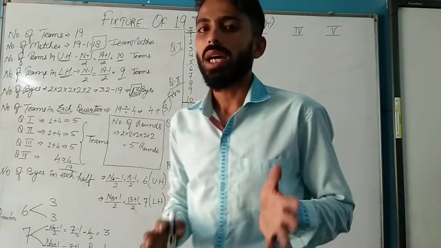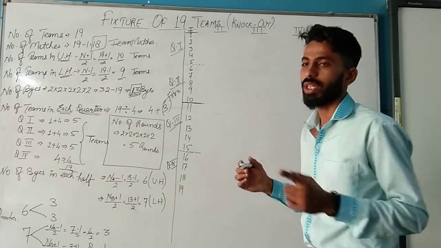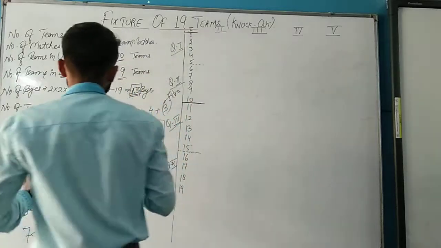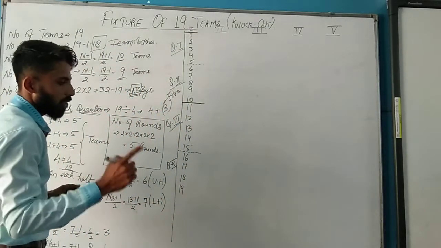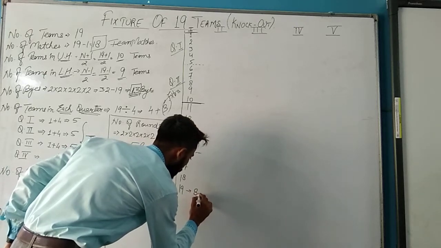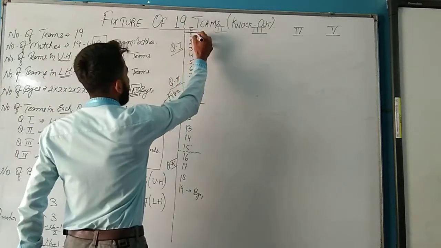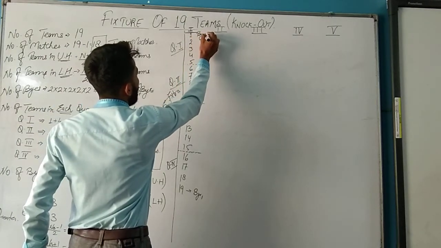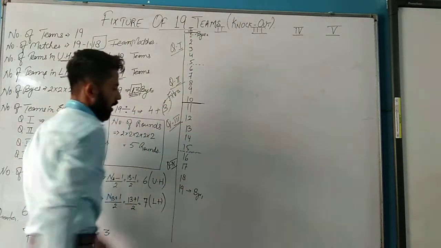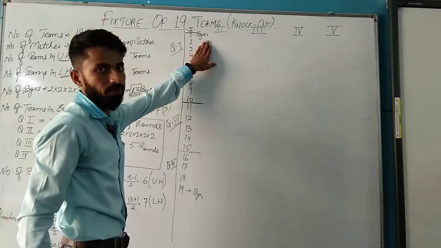Now we are moving to how these byes are coming up. The rule, as I told in my first video, you can watch it there. The first bye will be given to the last team, that is bye 1. Another one is bye 2: last team of lower half, then the first team of upper half.